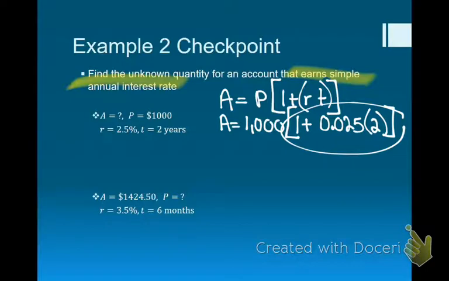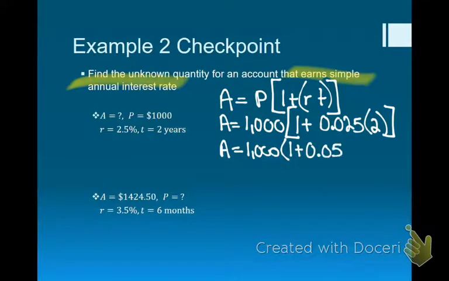So what is 0.025 times 2? Not 50. 0.05. Okay? And now you have 1 plus 0.05. What's 1 plus 0.05? 1.05, right?